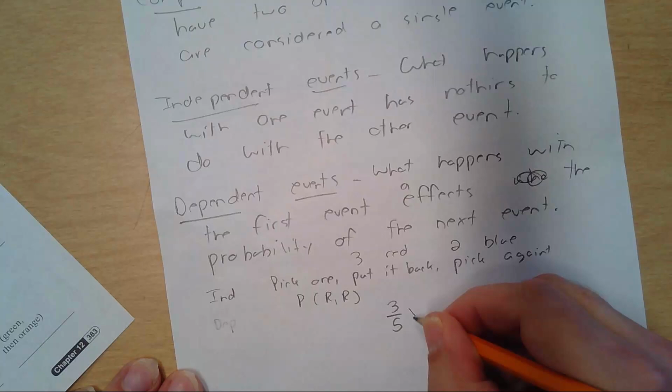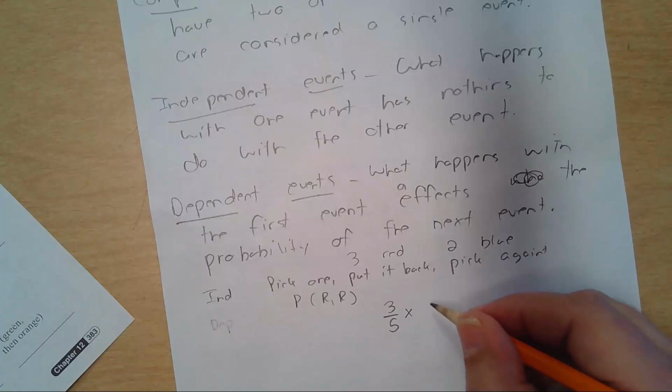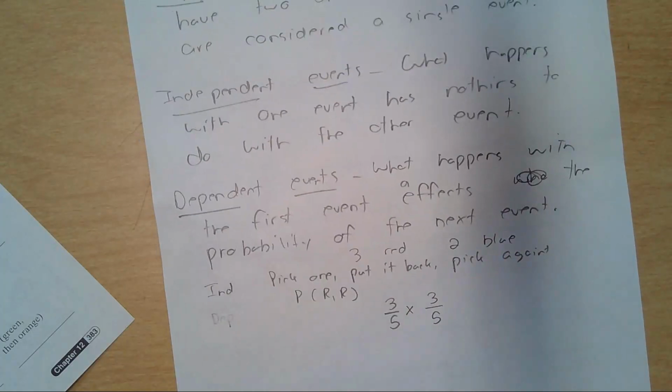Now, I'm going to multiply that. And again, I've picked a marble, put it back in the bag, shake it all up again. Now, when I pick again, what's the probability of me picking a red marble? 3 and 5, because I put the marble back in the bag. It really doesn't change here.